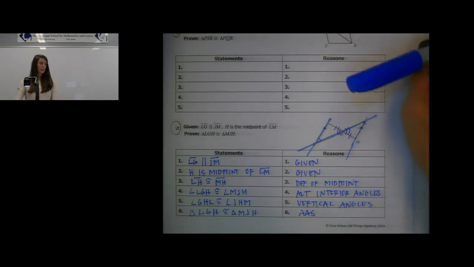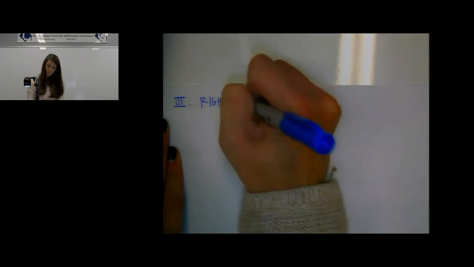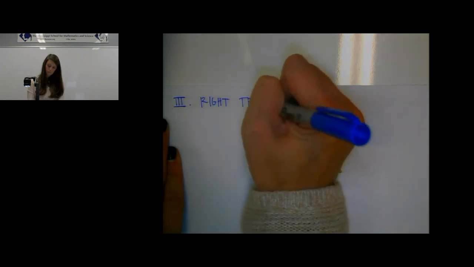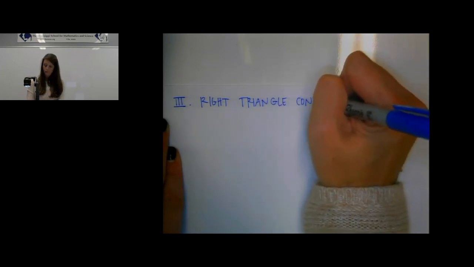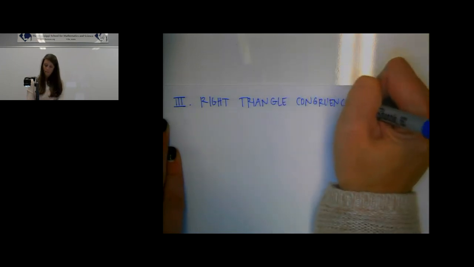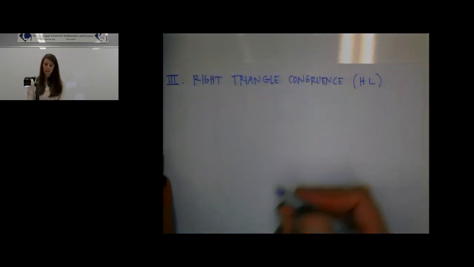All right. So there's one more type of proof that we're going to do, and this is a hypotenuse, a right triangle. We call this one HL, the hypotenuse leg.